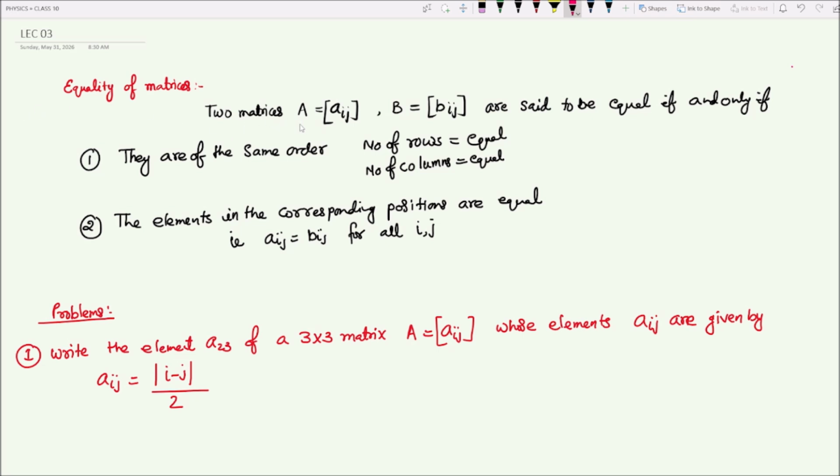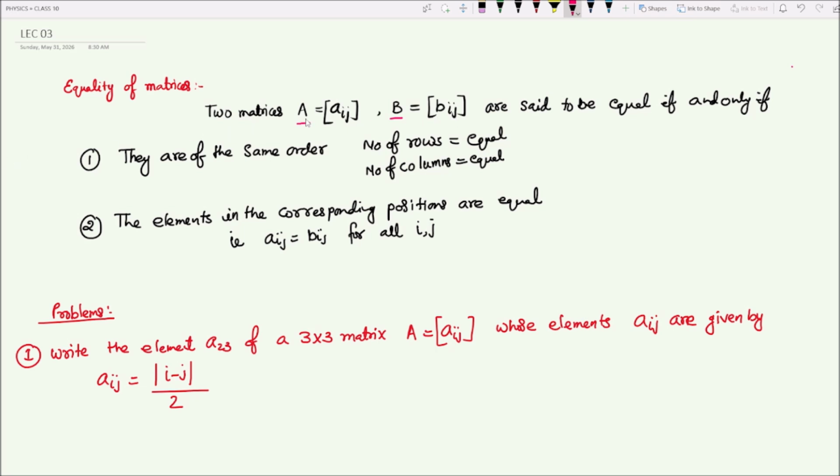Let us consider two matrices, matrix A denoted by aij and matrix B denoted by bij. Here the number of rows in matrix A is equal to the number of rows in matrix B, and the number of columns in matrix A is equal to the number of columns in matrix B.